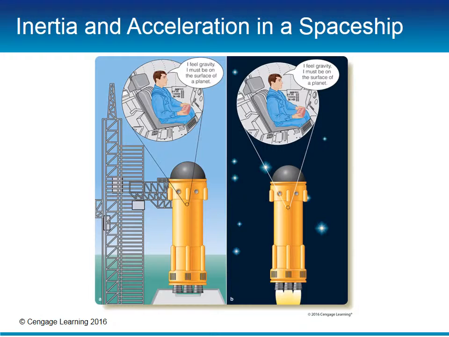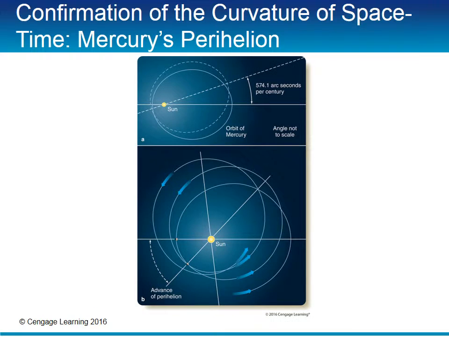In this picture, with the rocket on the launch pad, and this picture beside it, it shows in space with the rocket smoothly firing and accelerating, the spaceship and the observer feels inertial forces that are equivalent to gravitational forces.